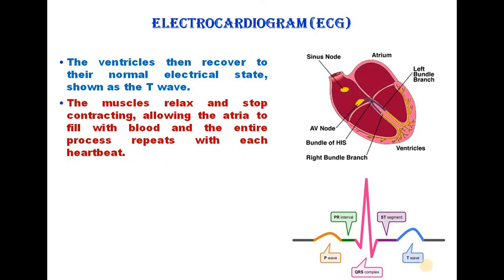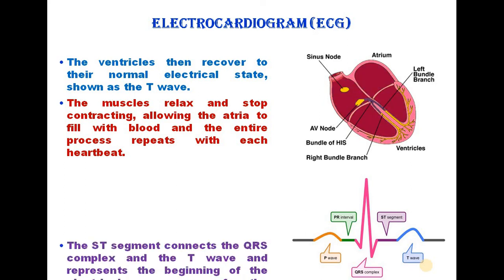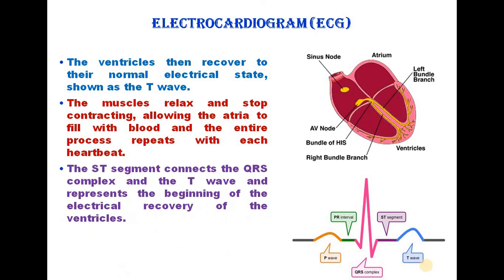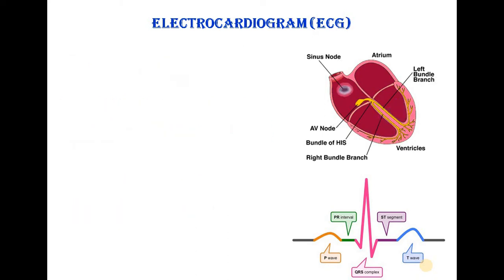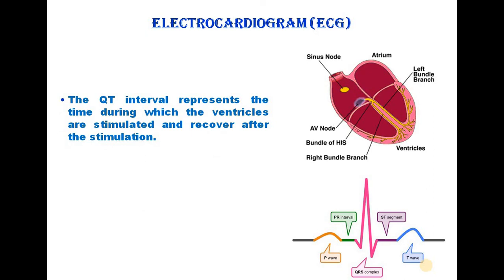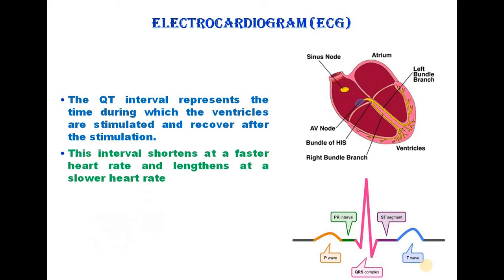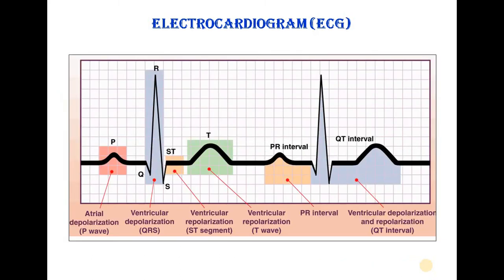The muscles relax and stop contracting, allowing the atria to fill with blood, and the entire process repeats with each heartbeat. The ST segment connects the QRS complex and the T wave and represents the beginning of the electrical recovery of the ventricles. The QT interval represents the time during which the ventricles are stimulated and recover after the stimulation. This interval shortens at a faster heart rate and lengthens at a slower heart rate.